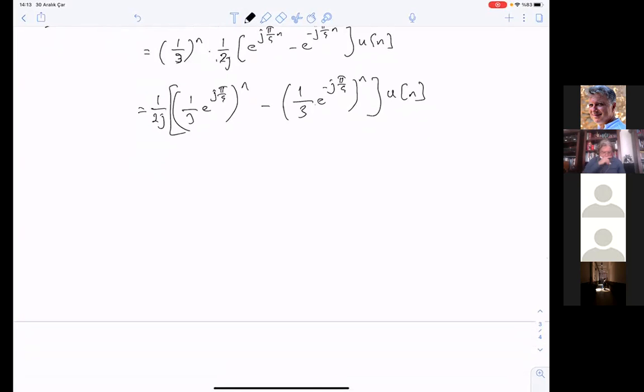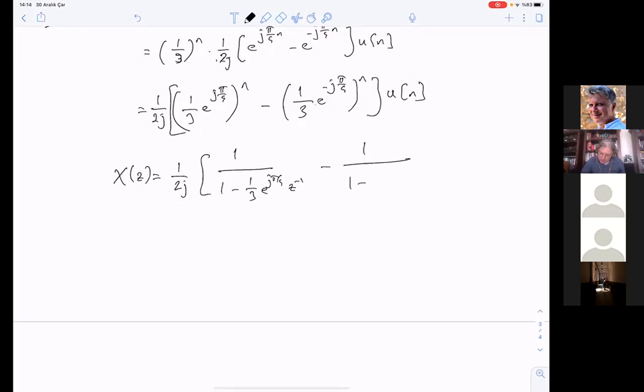The Z transform is equal to X of z is equal to 1/2j in parentheses, 1 over 1 minus 1/3 e to the j pi over 4 z inverse, minus 1 over 1 minus 1/3 e to the minus j pi over 4 z inverse. This is the expression.